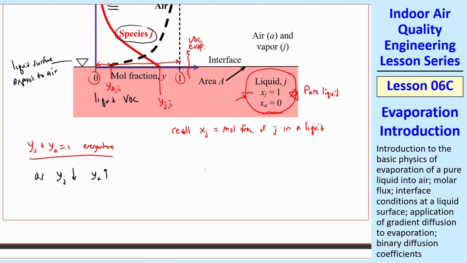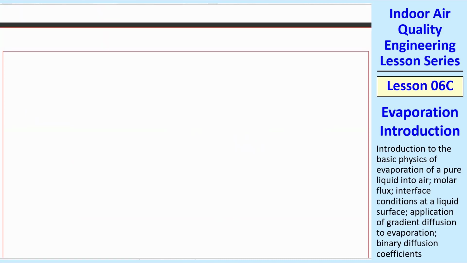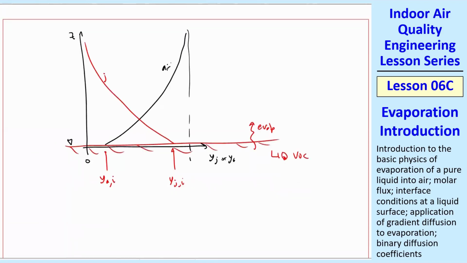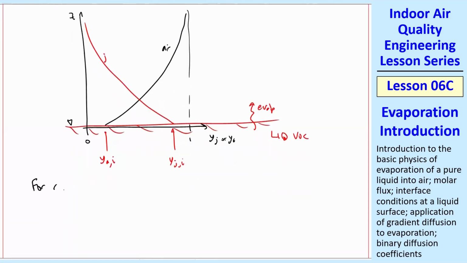Now we're going to consider the interface, the surface of the water. At the interface, here's my liquid that's evaporating. What I want to talk about is this value, Yji, and this value, Yai, for the air and the species J. It turns out that for a pure liquid, Pj, the partial pressure, equals Pvj, the vapor pressure or the saturation pressure at the surface or the interface.